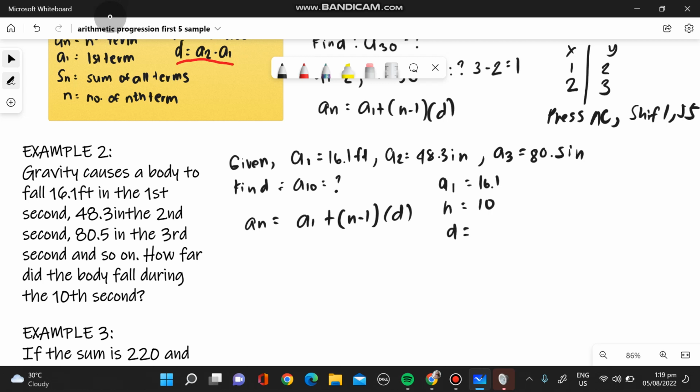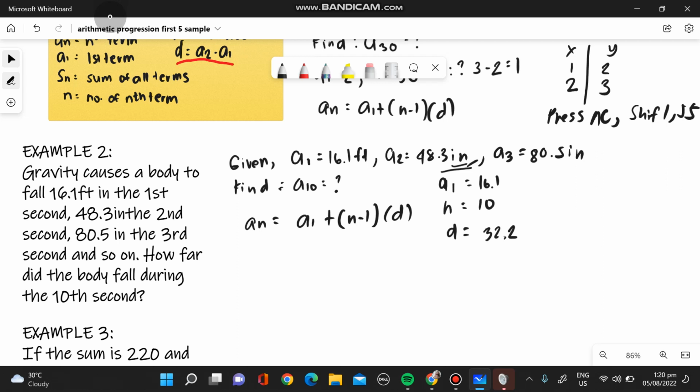Our d is equivalent to 32.2. Why? We just subtract the first and second, same as the first one, except that we have to convert it to feet as well, so that it's the same, like inches to inches, feet to feet.